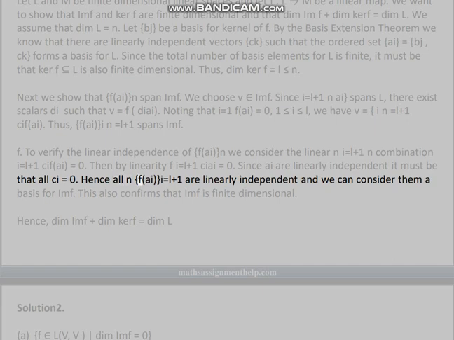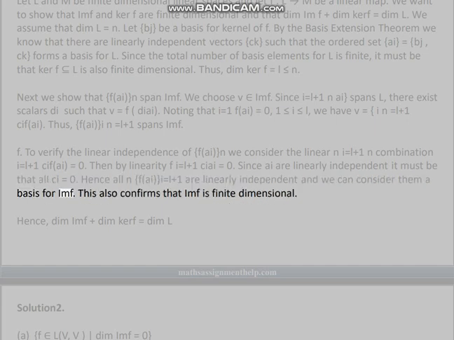Hence all F(a_i), i = l+1 to n, are linearly independent and we can consider them a basis for Im F. This also confirms that Im F is finite-dimensional. Hence, dim Im F + dim Ker F = dim L.